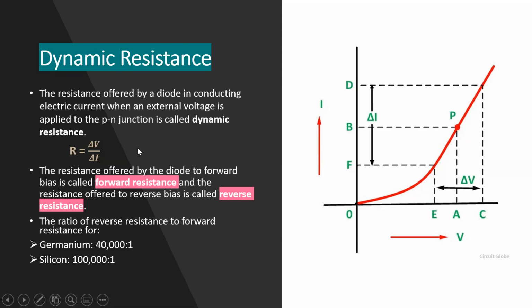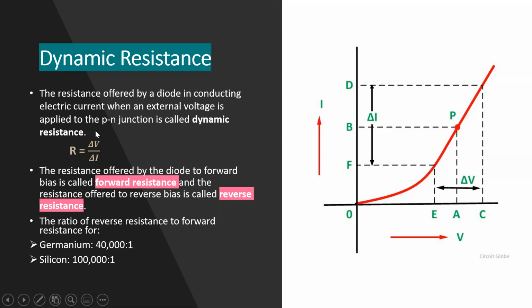So let us see how we can calculate it. You know that resistance is voltage by current. So dynamic resistance is the change in voltage by the change in current. You can just draw a triangle here, and this amount expressed in ampere will give you delta I, and this amount expressed in volt will give you delta V. So the resistance is delta V, that is this voltage range, divided by this current range.